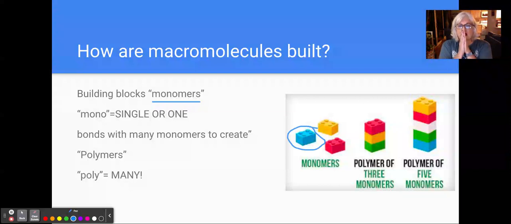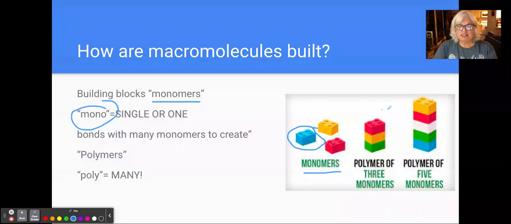In all 4 of them, they have different monomers. In proteins, there's a monomer, and those monomers get put together, and that creates the protein. So a monomer, think about this. Mono means 1, right? So that is a single building block.